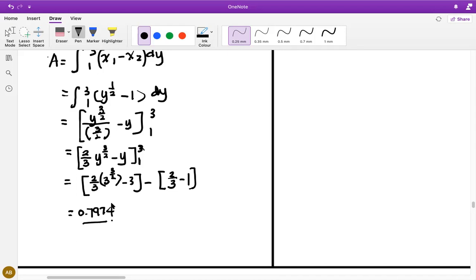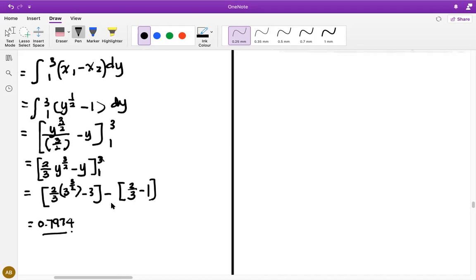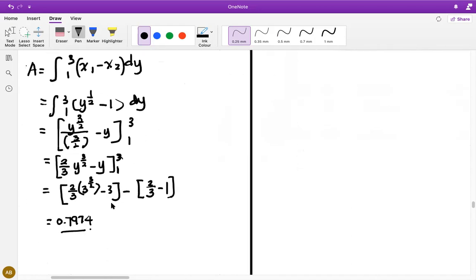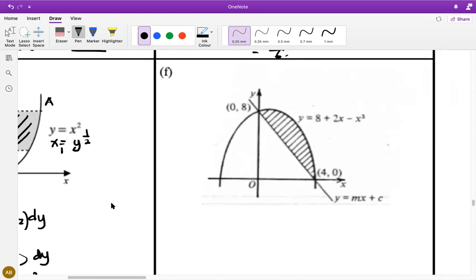Okay, correct. This is your answer. And then for F, y equals mx plus c.